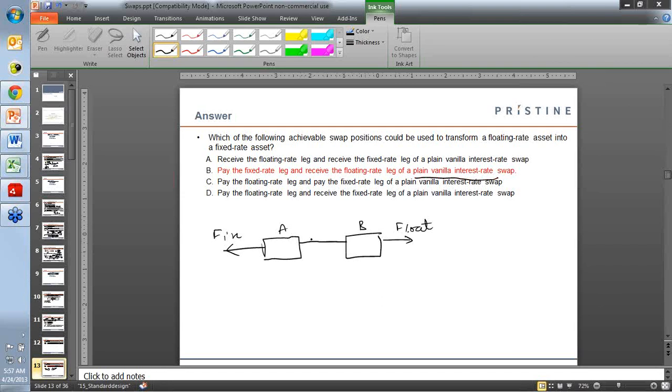So they will simply engage in a swap, and B will pay out the fixed rate and receive the floating rate. So this is how the liability or the asset nature will be switched.